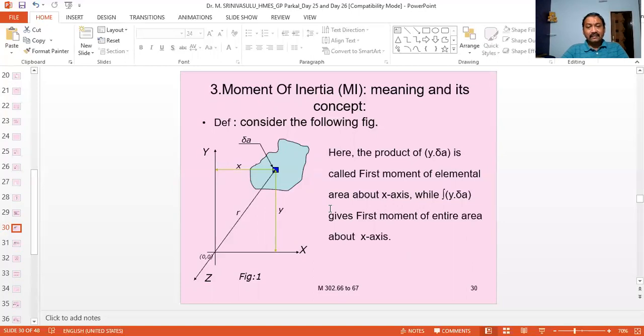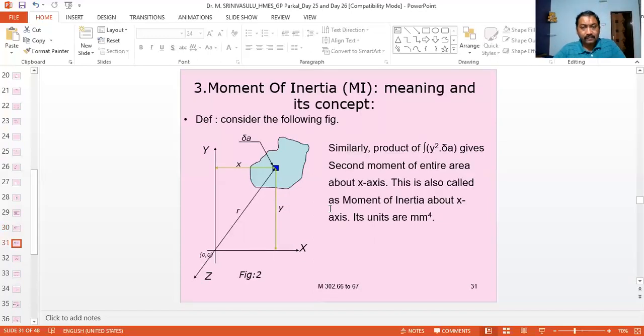While integrating, that is nothing but the summation. To find the summation, we can use integration. So integrating y into dA gives the first moment of the entire area about the x-axis.